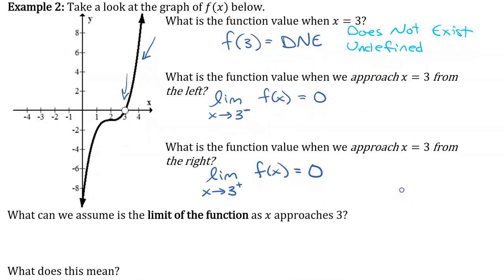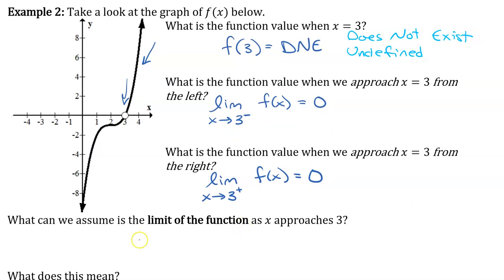So we can assume the limit as x approaches 3 in its entirety of that function will be 0. And part of how we know this is because as we approach from the left and as we approach from the right are the same number. If they were different numbers, we would have a problem. But since they are the same number, we can say this is true.